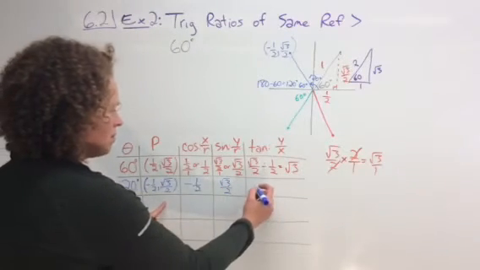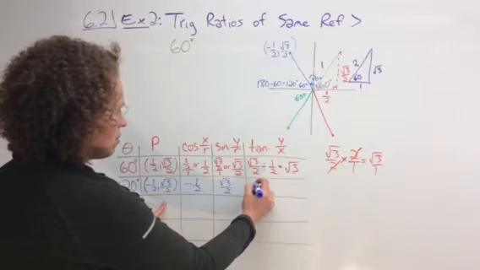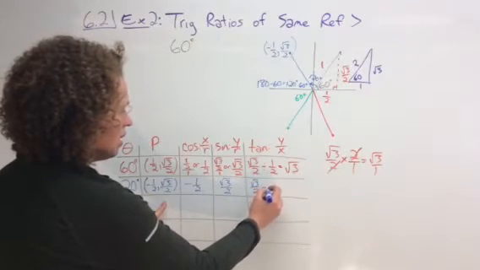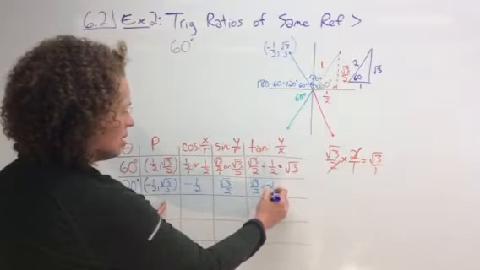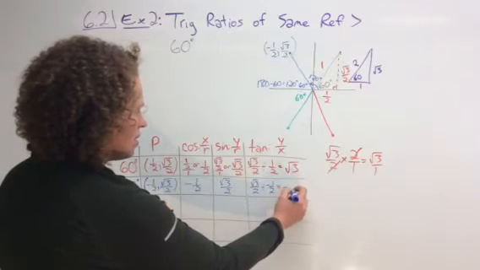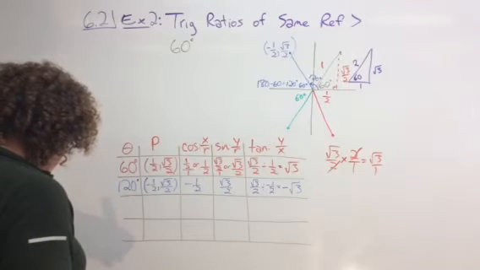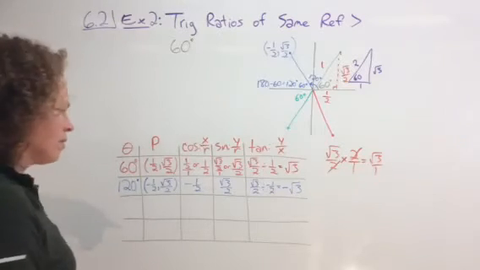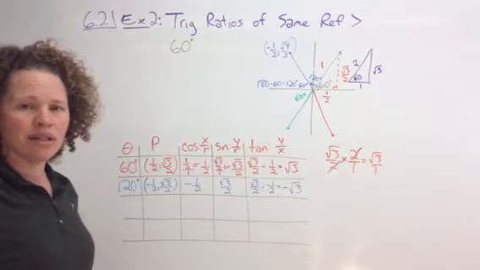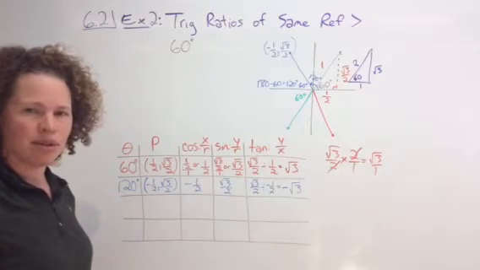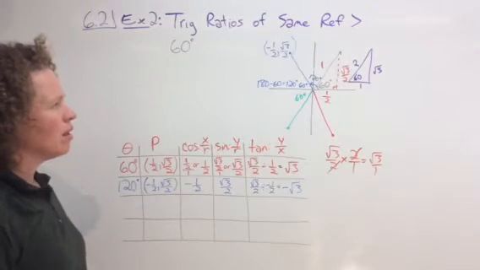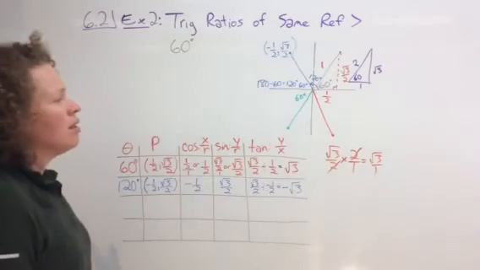And tan is root 3 over 2 divided by negative 1/2, which is going to give us negative root 3. That was easier, right? We've got our setup established. We're just kind of through the steps now.